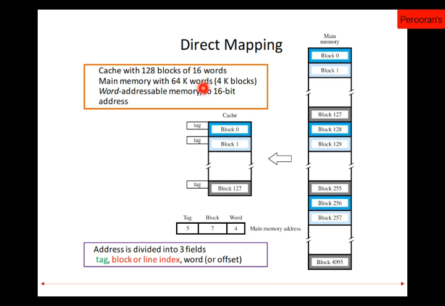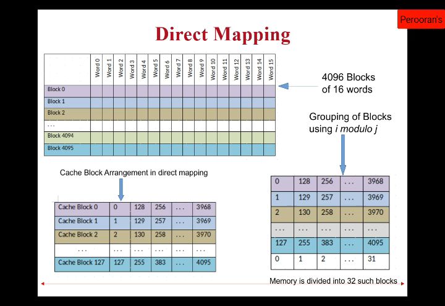64K words are there. Now for that, the block of the main memory maps onto block i modulo 128. That also I told you. Thus, whenever one of the main memory blocks is loaded into the cache, it is loaded into cache block 0, like the previous one.